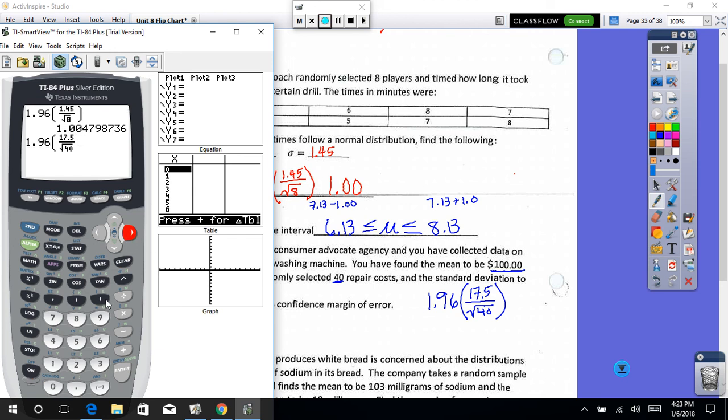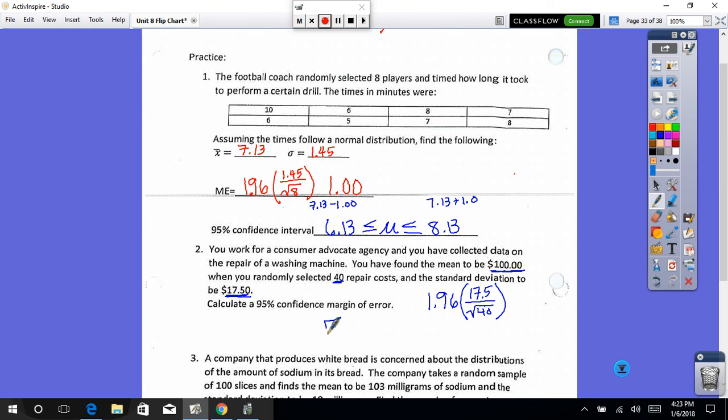Okay, you actually have to press the over arrow twice in order to be able to put that last set of parentheses, but whatever, you'll figure it out. Okay, and my margin of error is 5.42.